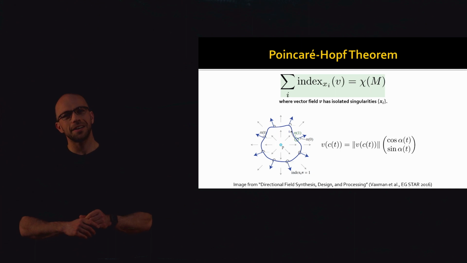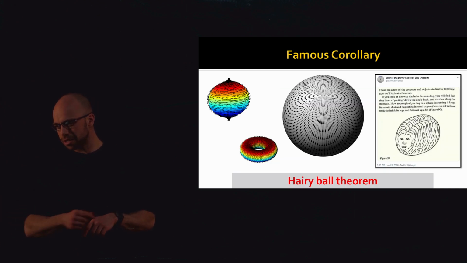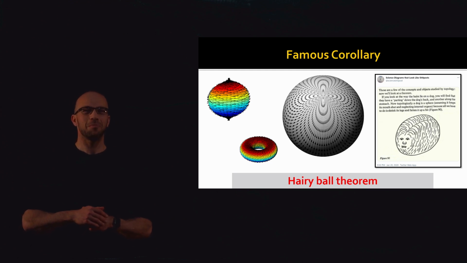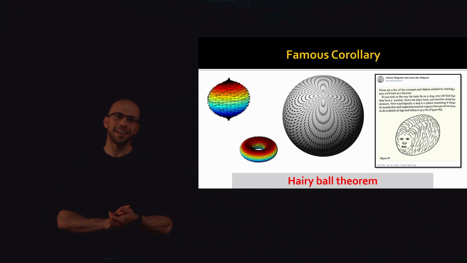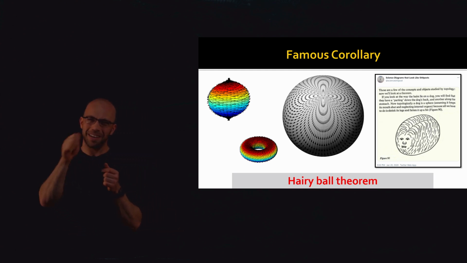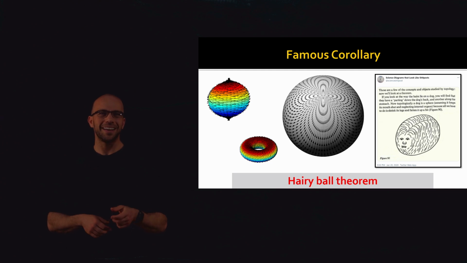Notice that chi for a sphere is non-zero, which leads to a very famous corollary known as the Hairy Ball theorem, which says that if I take a sphere and I put a tangent vector field on it, necessarily, if that tangent vector field is smooth, it has to vanish somewhere. A different way of putting that is if I have a ball, like a tennis ball, and I cover it in hair and comb it flat, necessarily somewhere there's going to be a tuft.